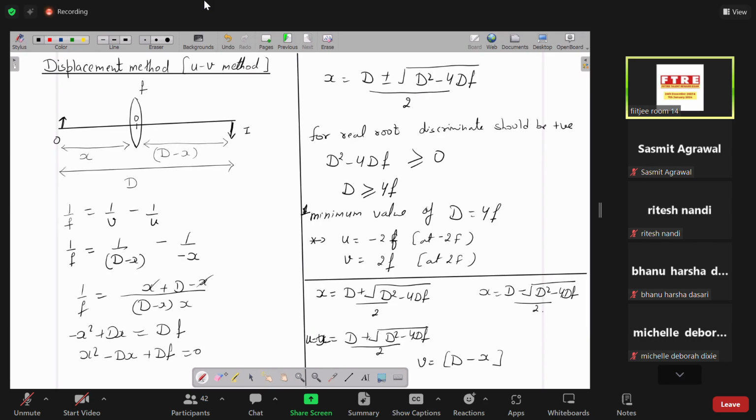And this x is equal to d plus under the root of d square minus 4df by 2. So putting the value of x in d minus x, find out what will be the value of v.